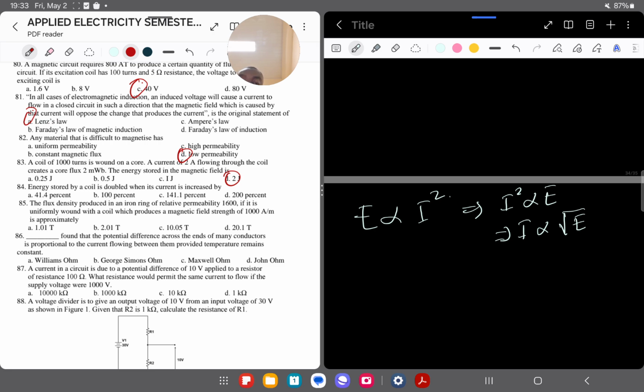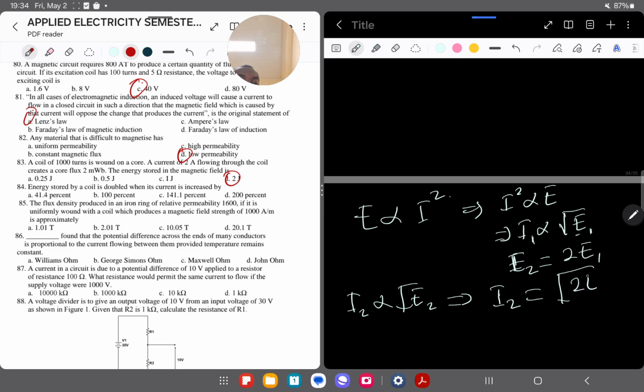So now let's say you were to double the energy. Let's put I1 and then E2, where E2 is being doubled, meaning twice E1. So you can see now I2 is proportional to the square root of E2, which implies I2 is proportional to root 2 E1.